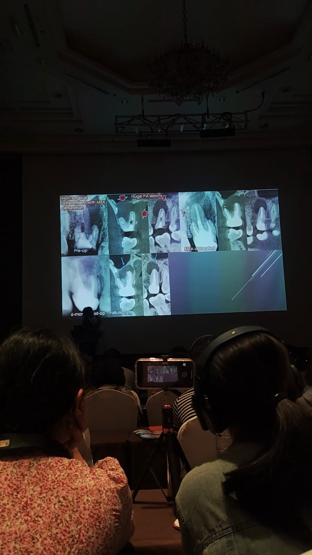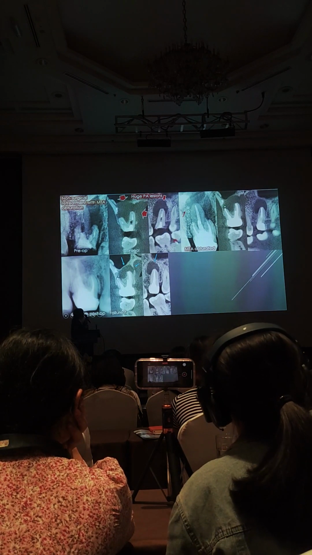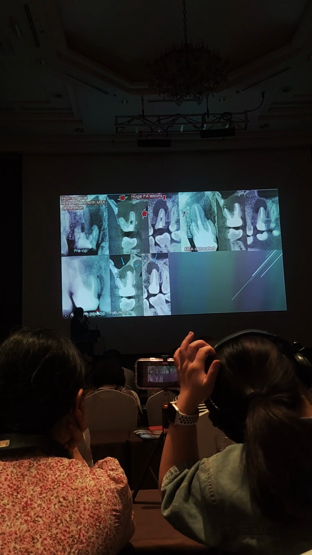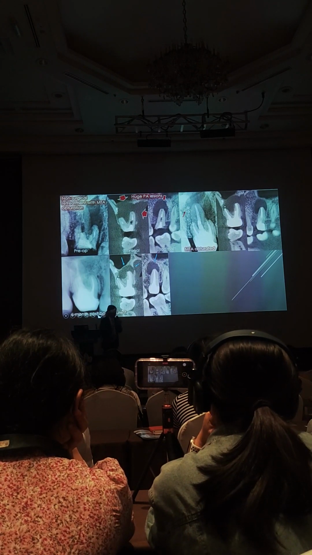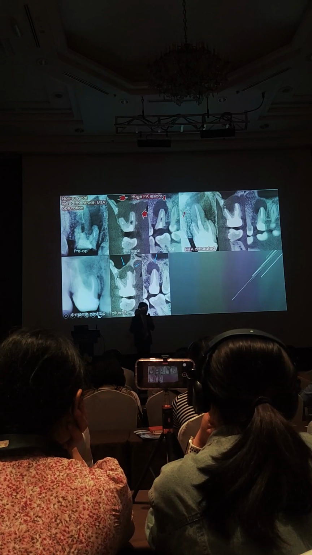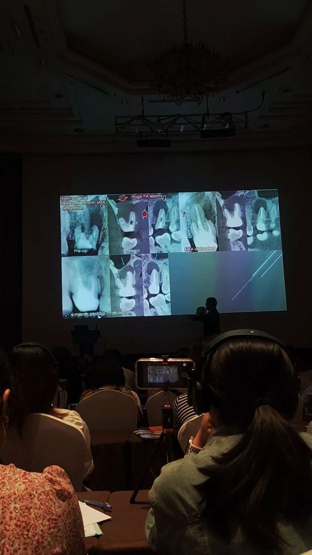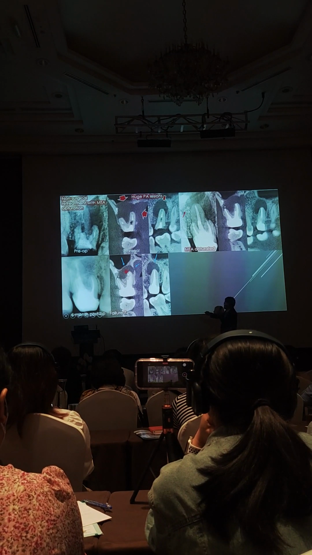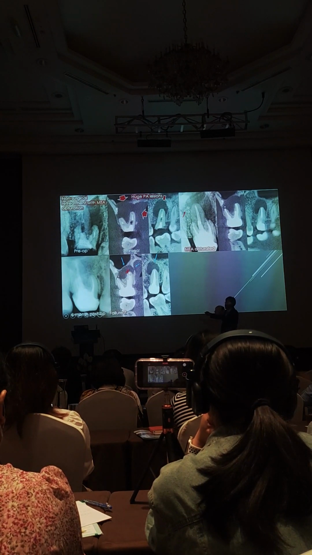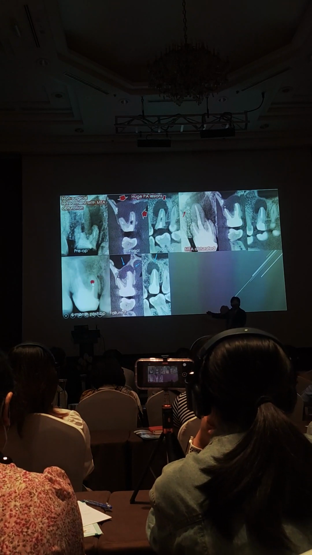For example, here you see a big lesion again. I retreated this tooth, and this is 6 months. The tooth was completely asymptomatic. At this stage you still see a big lesion, but the lesion size was smaller than before the retreatment.